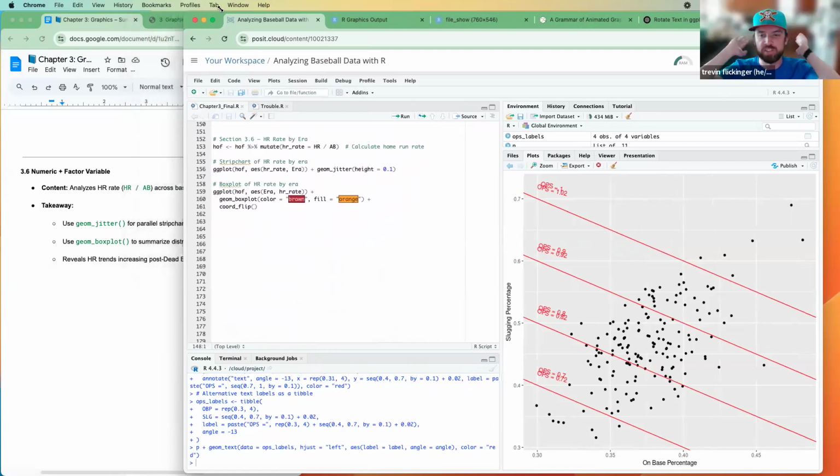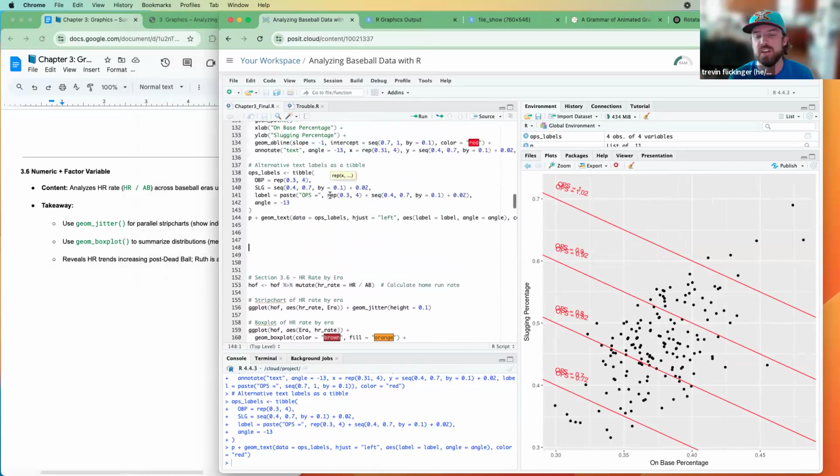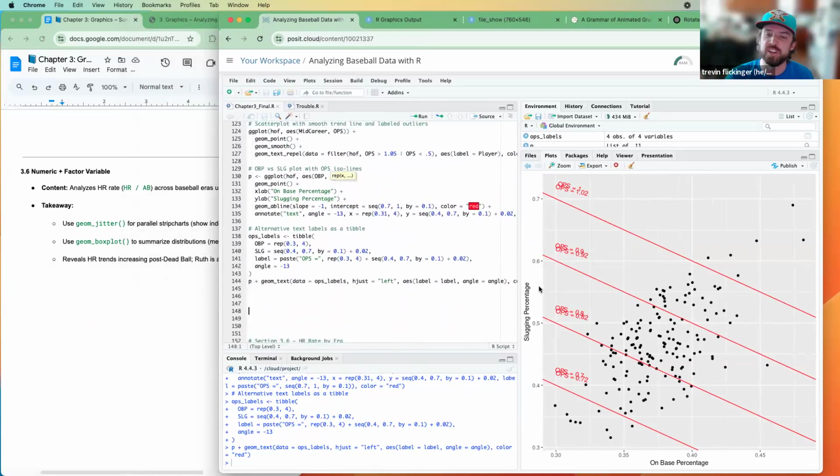I thought this was an interesting way to display OPS. You can see there are multiple ways to get to a certain slugging percentage. You can have a high on-base percentage and a lower slugging percentage, where most of your hits are singles and not as many extra-base hits.